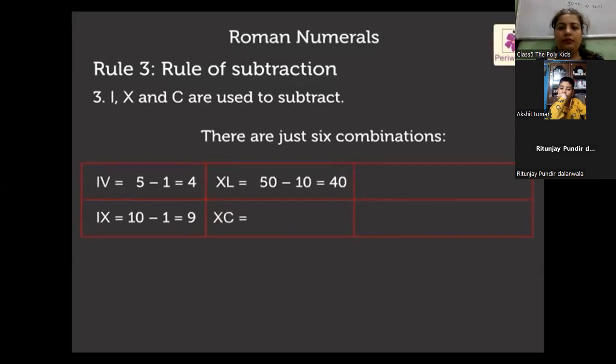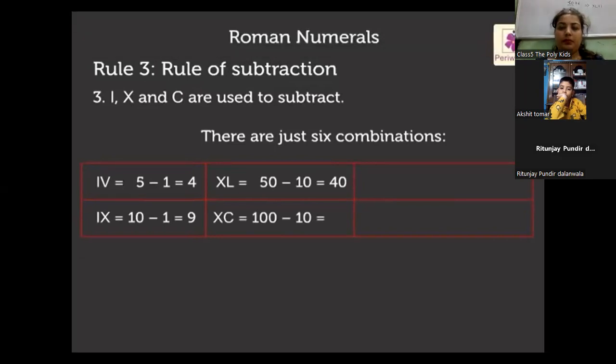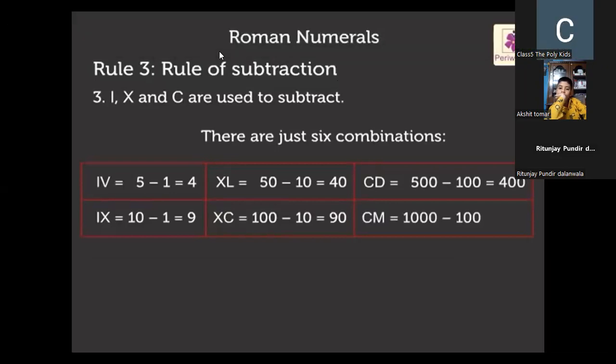XC is equal to 100 minus 10 is equal to 90. CD is equal to 500 minus 100 is equal to 400. CM is equal to 1000 minus 100 is equal to 900.